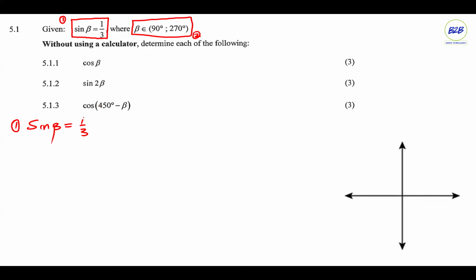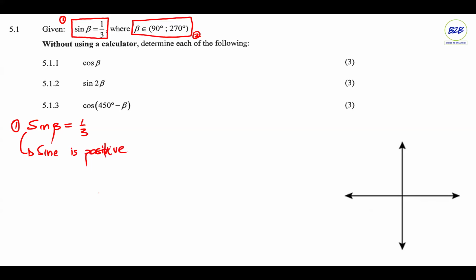Focusing on the constant itself, which is 1 over 3, we can see that it is positive. That means that the trigonometric ratio that we have, which is sine in this case, is also positive, right?